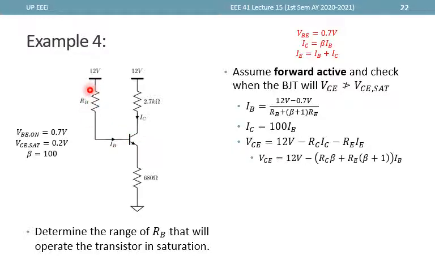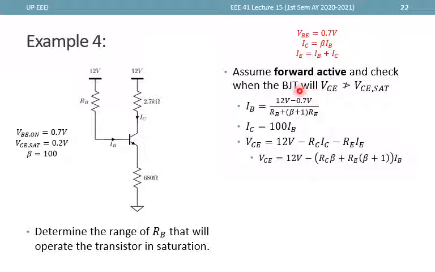The voltage across it is 12 minus 0.7 minus beta plus 1 times IB times RE. So we'll multiply RE by beta plus 1 eventually and divide by the resistance values. So this one is actually quite a shortcut, but this should hold true.